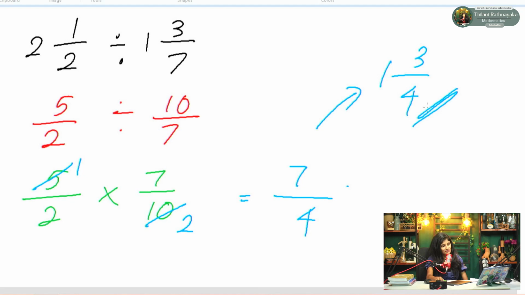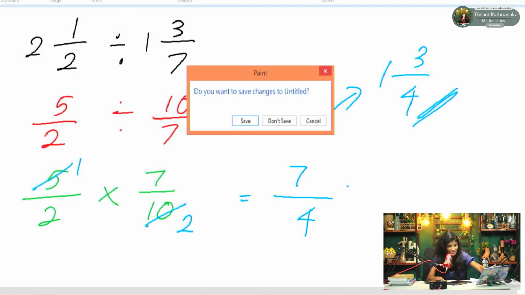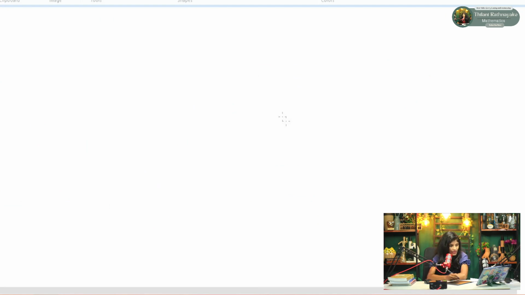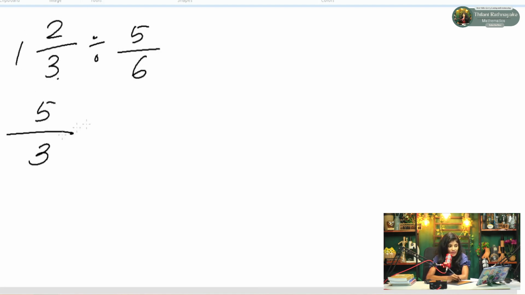Very easy. So the last question we are going to discuss in this video is 1 and 2 over 3 divided by 5 over 6. So 3 times 1 is 3. 3 plus 2 is 5 over 3.